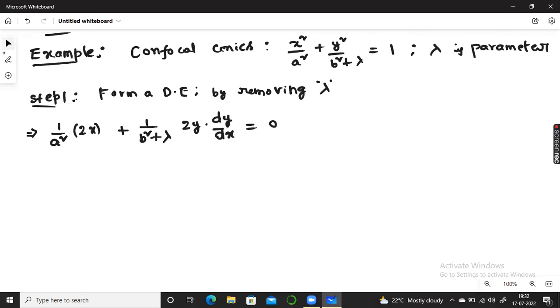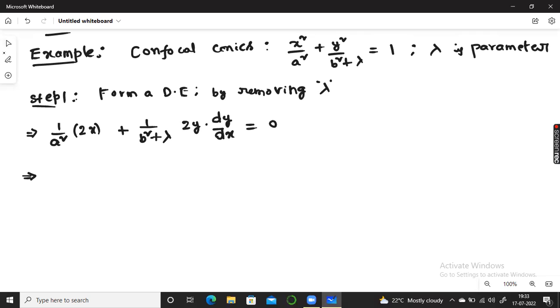Now what you have to do is take the first term to that side, to form a differential equation, right? Anyhow, the equation is formed.